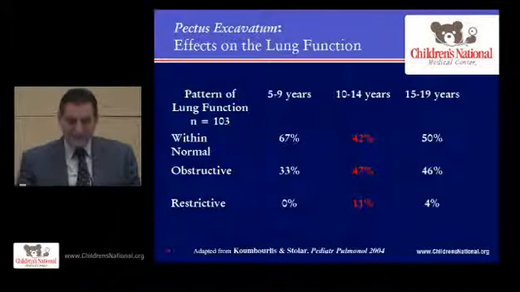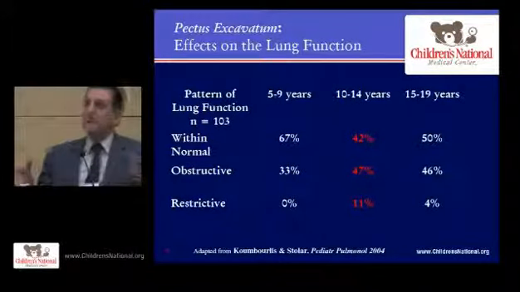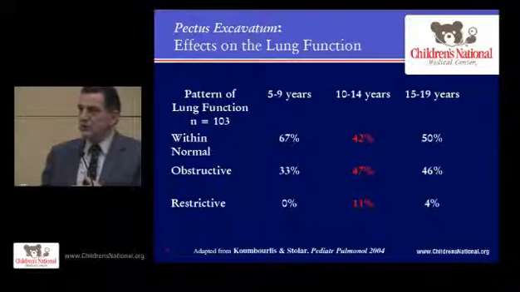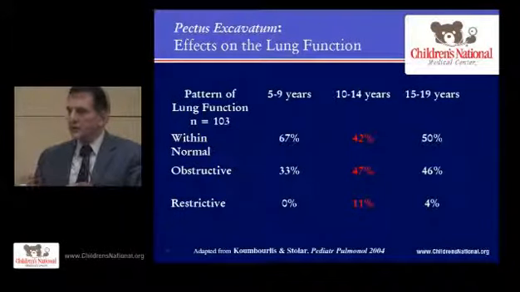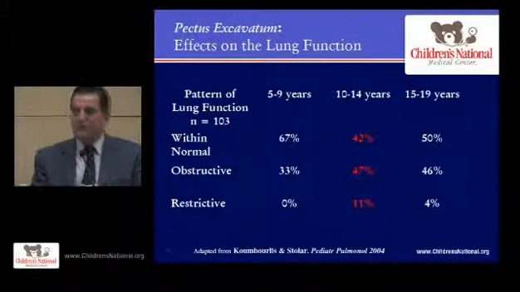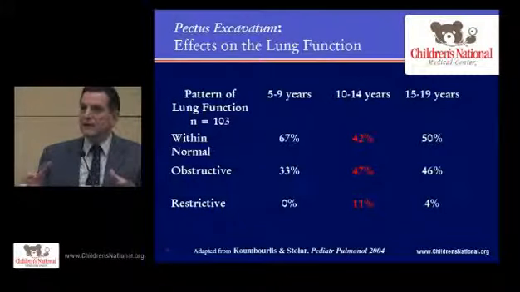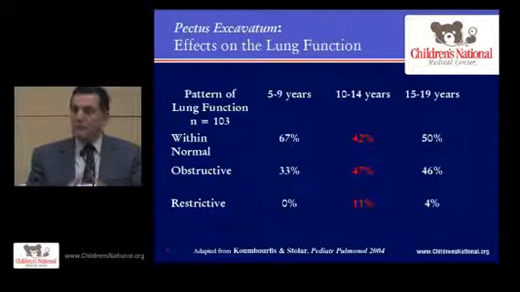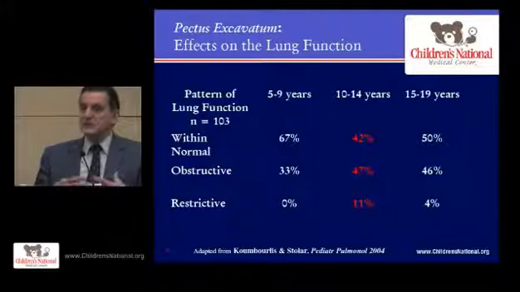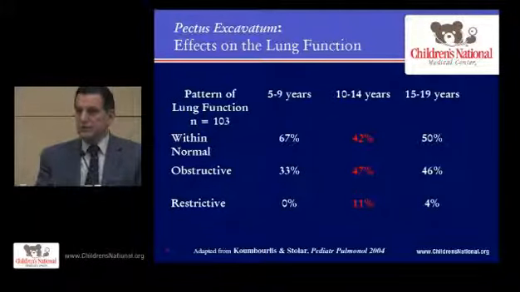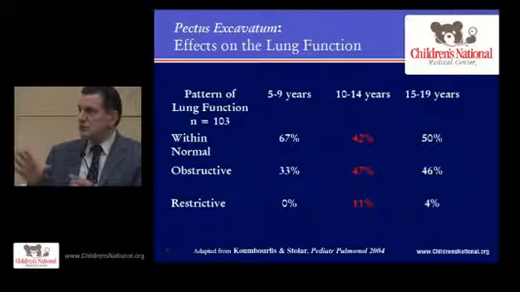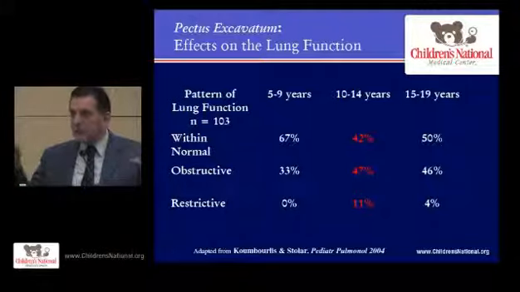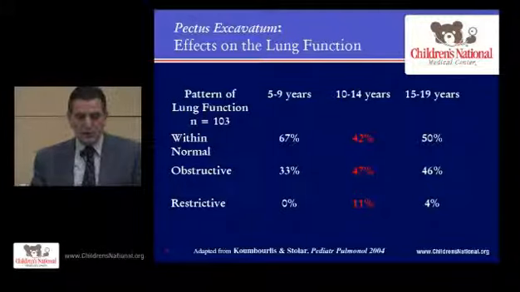Then when we analyzed the data a little more, we found that like in any other condition, there are variations. Roughly the majority of the kids had lung function within the normal, but about 1/3 of them had obstructive symptoms, and these were the ones mostly who had the air trapping, although the vast majority did not have any history of asthma or associated problems.